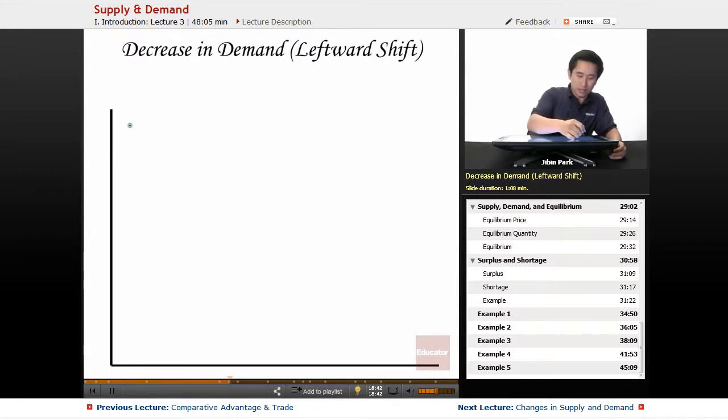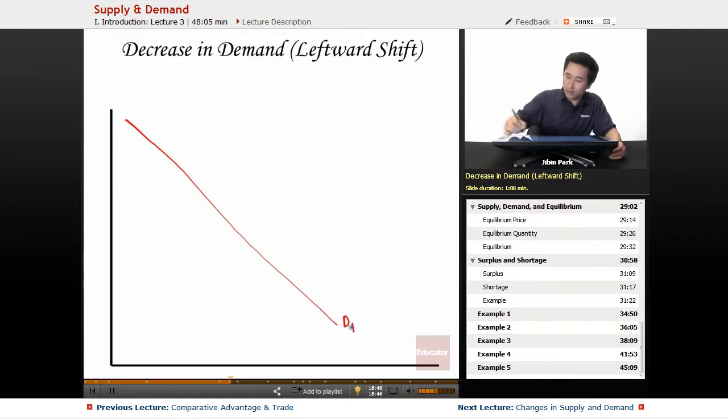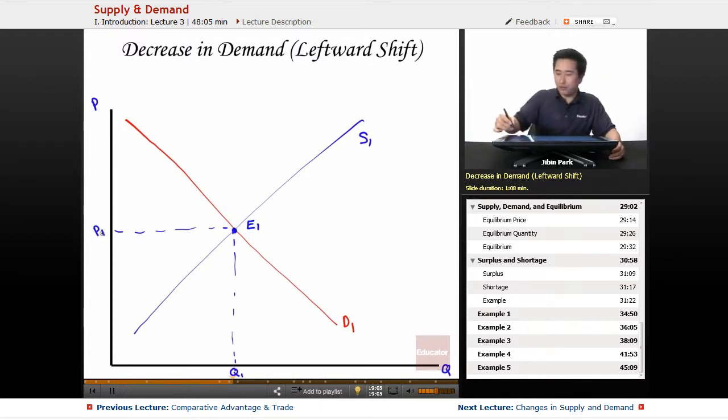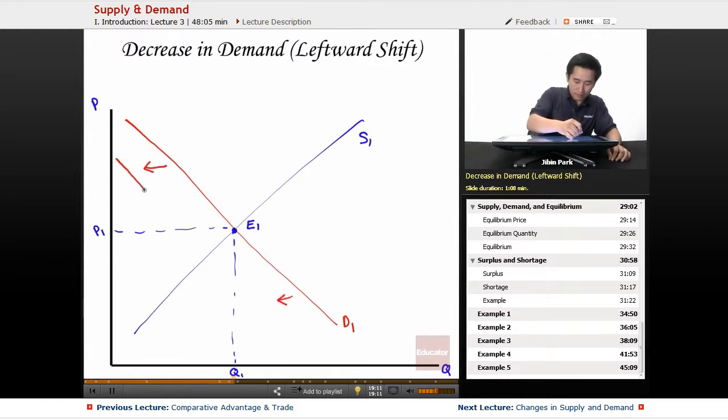Again, it's pretty self-explanatory here. You draw the demand curve D1 here, and then you draw the supply curve S1 here. Label this as Q. Label this as P here. And let's label the equilibrium, which is Q1 and P1. So if there's a decrease in demand, again, for whatever reason, then this demand curve is going to shift to the left here.